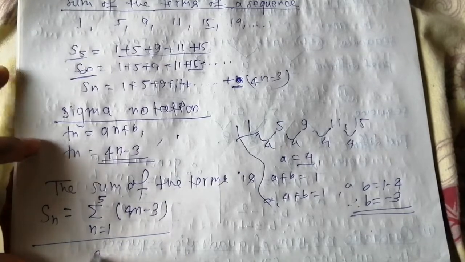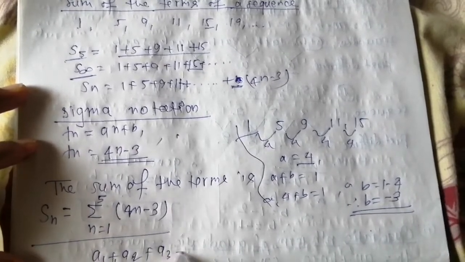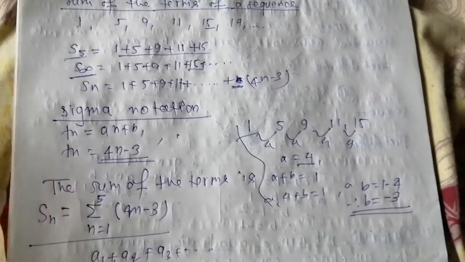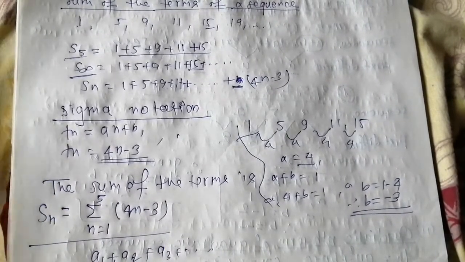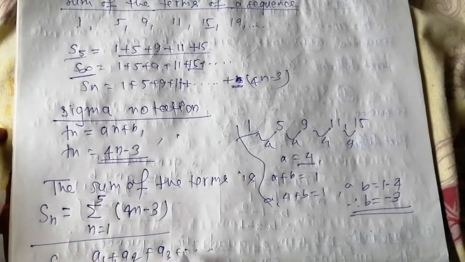Okay, for any sequence a1 plus a2 plus a3 plus dot dot dot up to a5, that is s5.